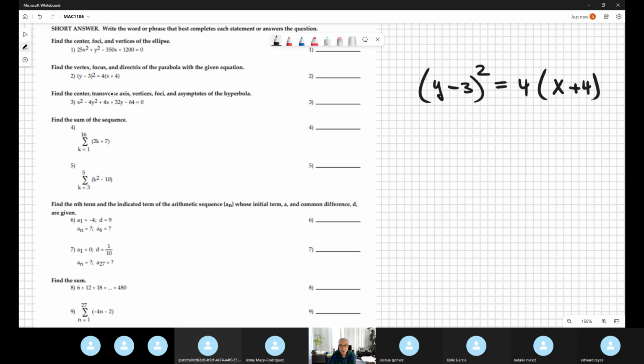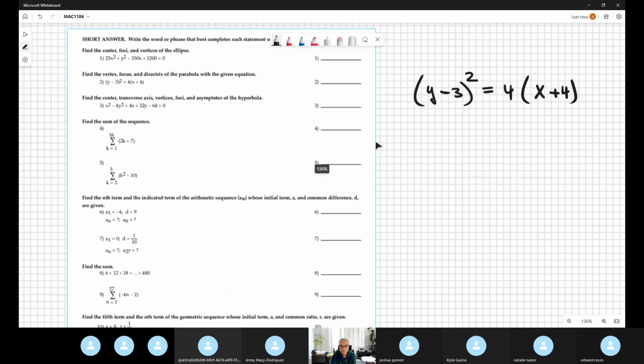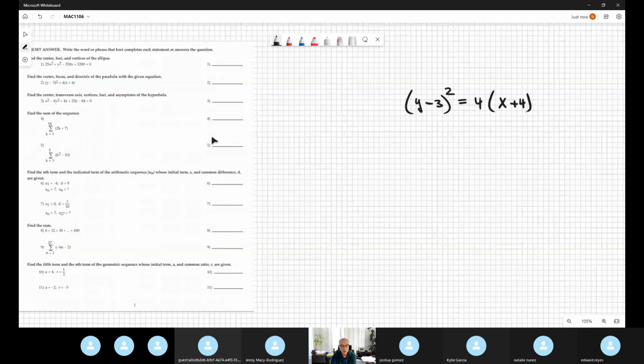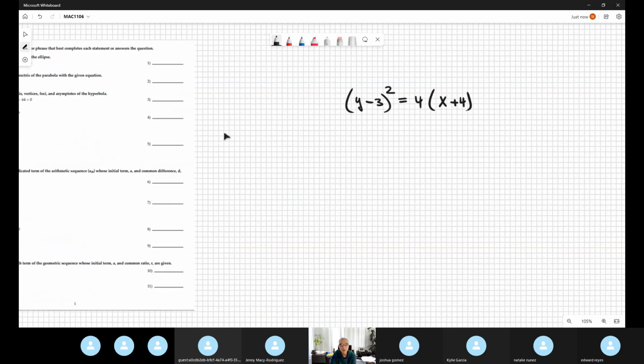Okay, I recall that we have two kinds of parabola, horizontal or vertical. For horizontal we have two possibilities, you know, open to the right or to the left, and for vertical we have two possibilities, open up or open down. And this depends on the value of p.